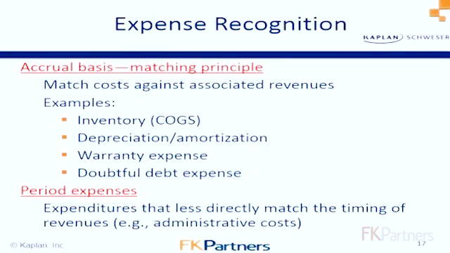So let's say, back to the other example, we're selling cameras at an electronics store. When the customer comes in and purchases the camera, in addition to recognizing the revenue, the sale price for the camera, we also have a cost on our own balance sheet for that camera.